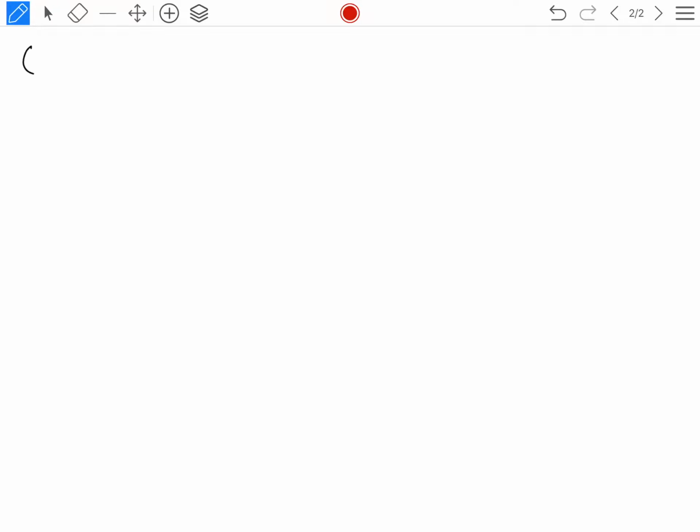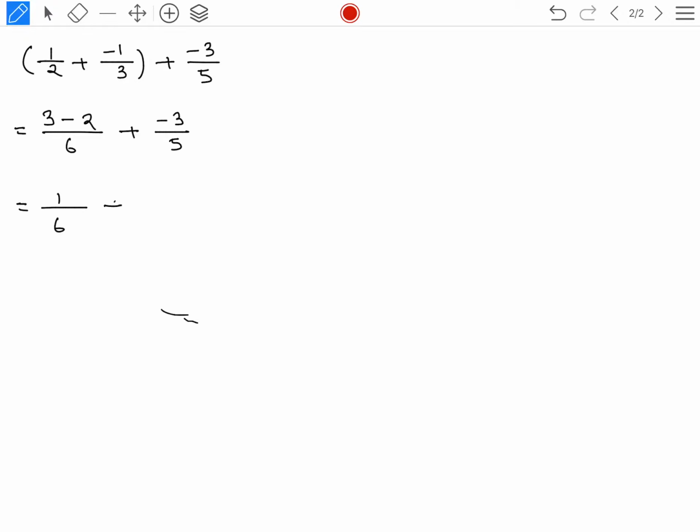First let us group the first two numbers. The first two numbers means 1 by 2 plus minus 1 by 3, plus the third number given, minus 3 by 5. If we solve this, the LCM of 2 and 3 is 6, yes or no? So 3 minus 2, then plus minus 3 by 5. 3 minus 2 means 1 by 6 plus minus 3 by 5.